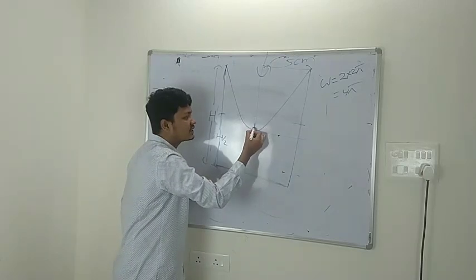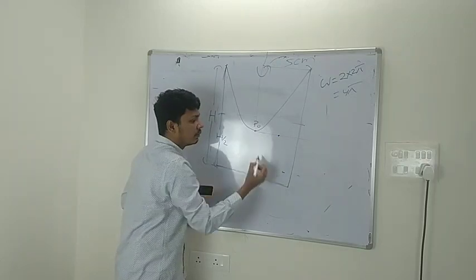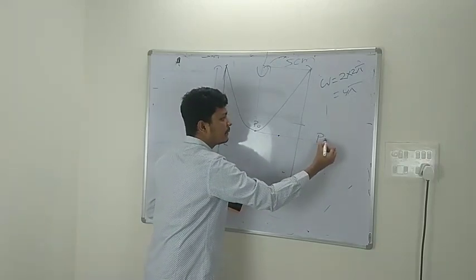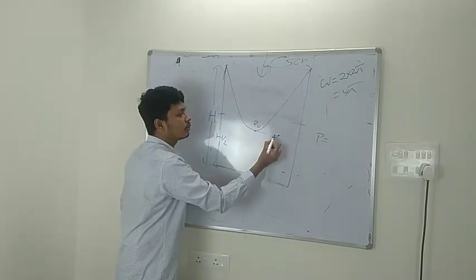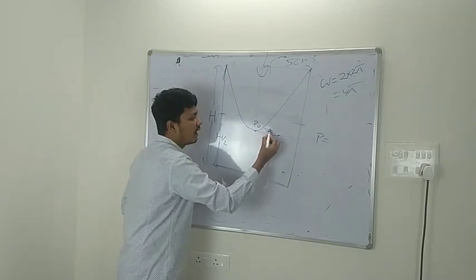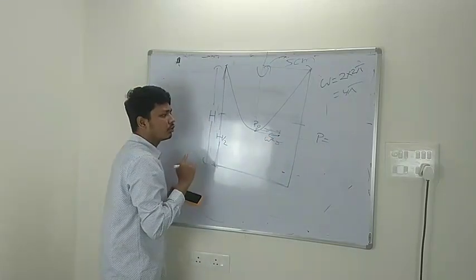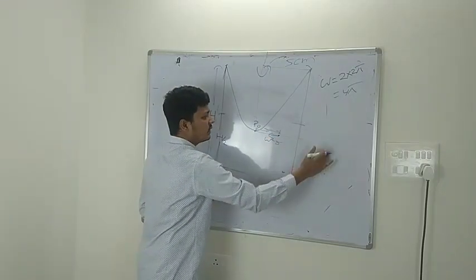Pressure at the center point is P0, and as it is rotating, it has an acceleration omega square into r. R is this distance.